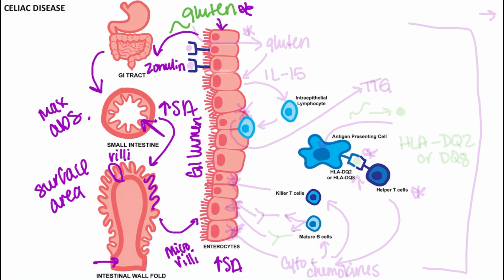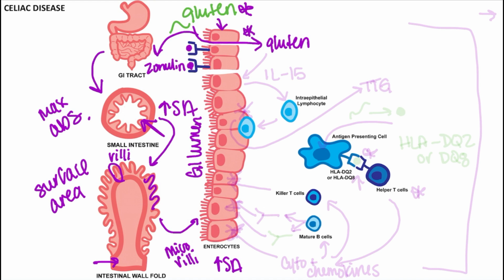And after zonulin binding its receptors on enterocytes, this will loosen tight junctions to allow the leakage of gluten and gluten peptides across this enterocyte layer, and these gluten peptides and molecules begin to accumulate underneath this intestinal enterocyte layer.